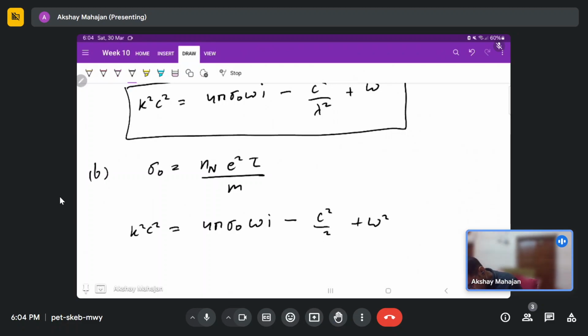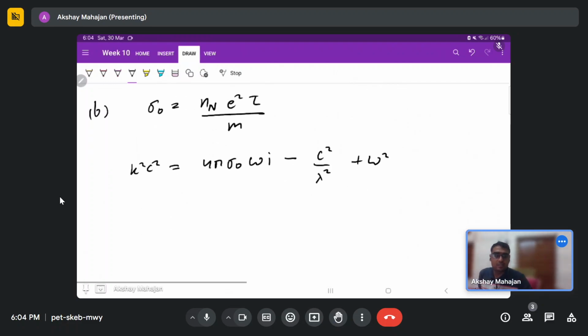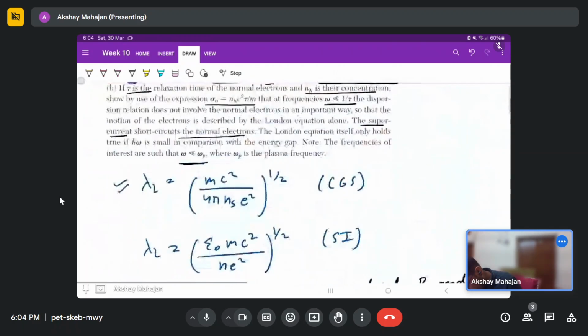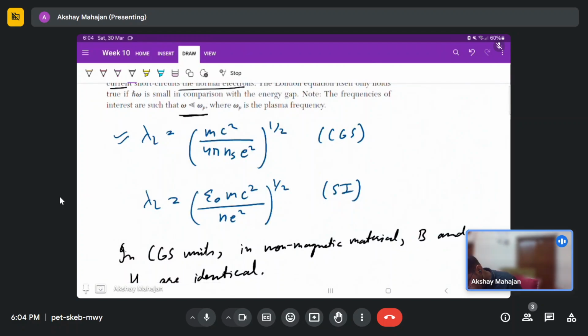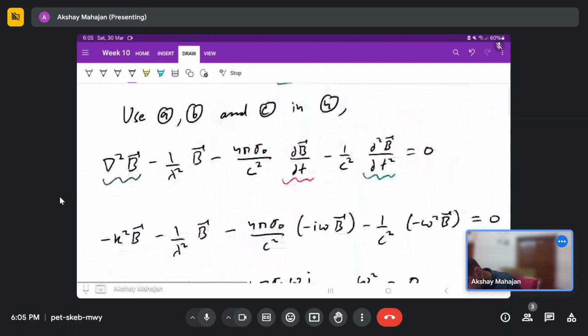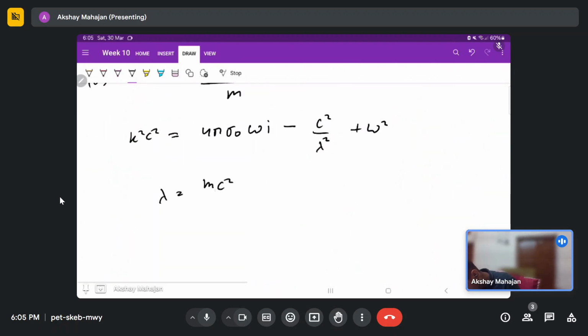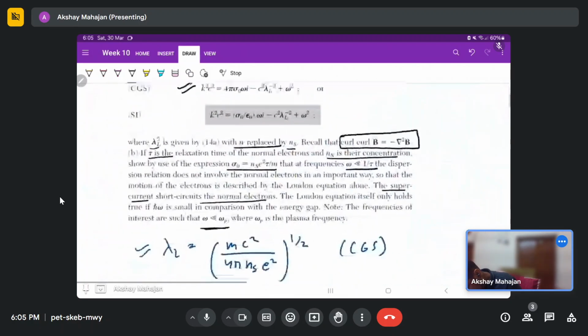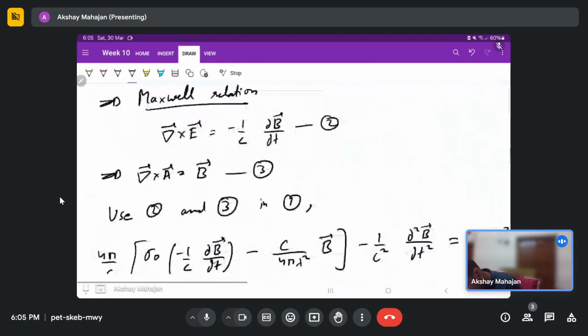And remember, what is λ? This λ² has only the contribution from the ns, because this λ, as I have written here, comes from the London equation, so it has contribution from the superconducting electrons only. It is equal to (mc²/4πn_s e²)^(1/2).